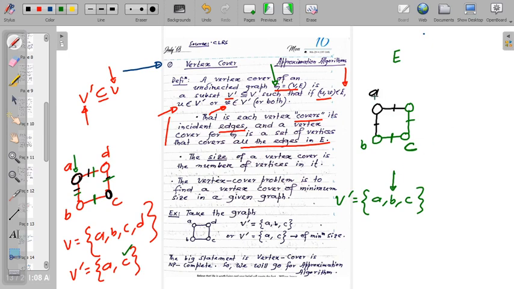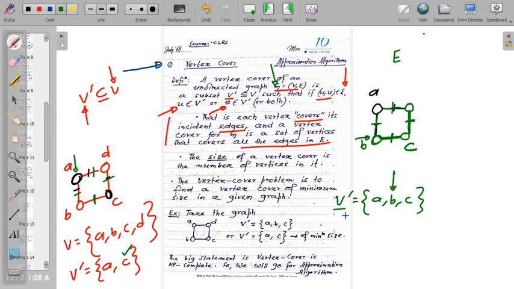Or I can think of it this way: with A I have covered these two, when B is included I have covered this, and when C is included I have covered this. So with A, B, and C, I can cover all the edges.